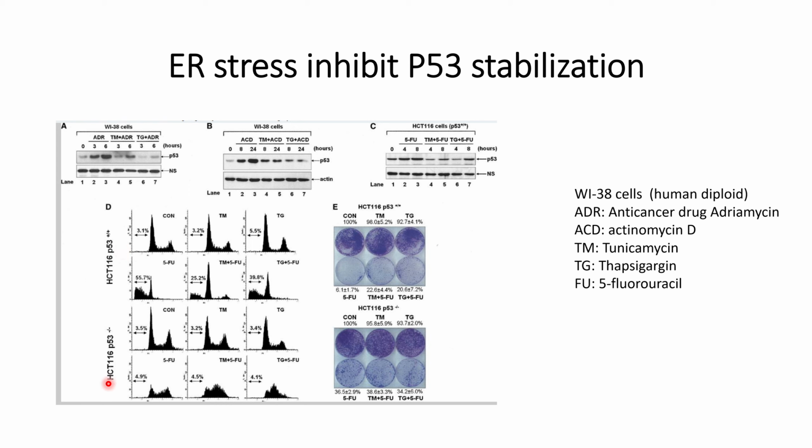And the next experiment is done on p53 knockout HCT116 cells. In this we can see that there is not much change observed in the sub G1 levels, either in the control or in the cell lines that are treated with 5 fluorouracil. Even though 5 fluorouracil will promote the expression of p53, the p53 gene is not available as the wild type, or there is a mutation in the p53 gene, or we can say there is a knockout of p53.